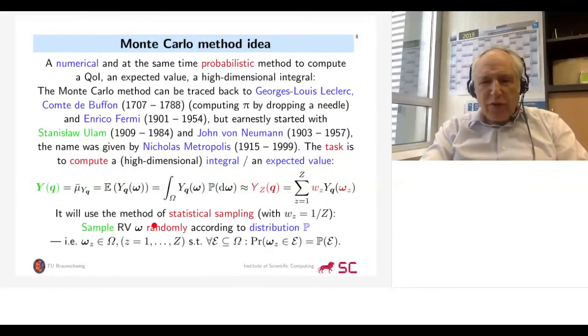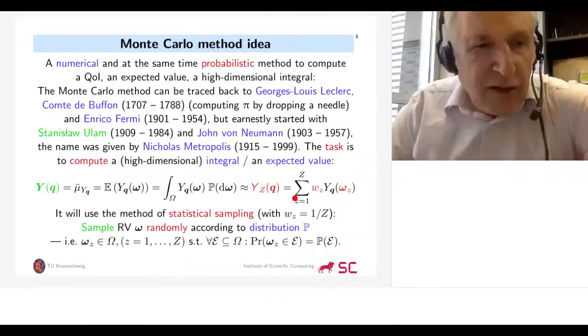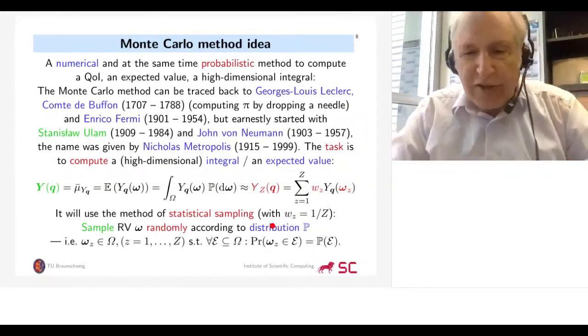That means we sample this according to this probability distribution. And then it turns out that the weights are all equal. They're all 1 over Z, okay? So this is the Monte Carlo. This is simply explaining the Monte Carlo method. You sample the realizations, and then you add it all up and divide by the number of realizations. Okay?